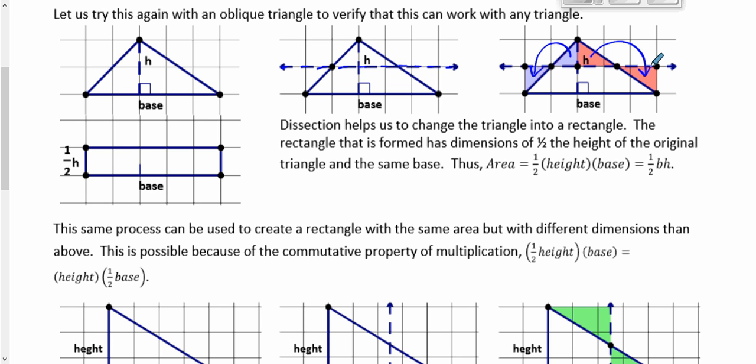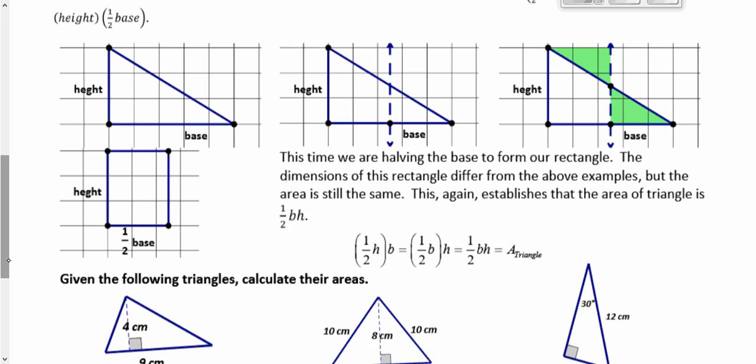Well, of course, you remember rotations are congruent, right? So whatever was the area that we started with, we still have the same area, even though we rotated parts of it down to make it into a rectangle, okay? So this rectangle now has half the height of the original triangle with the same base, and so it has the same area. Okay?